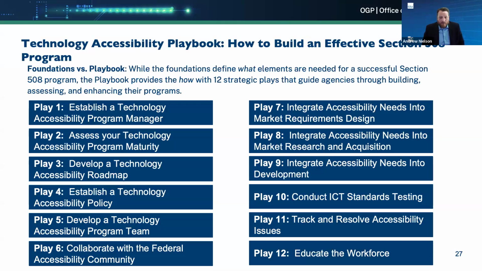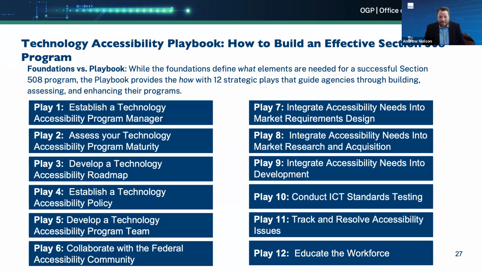We walk through 12 different plays in that playbook, from establishing a technology accessibility program manager, making sure you have a policy, defining a roadmap to get from where your baseline is to where you want to be, of course, as well as integrating it into your technology life cycles and acquisition processes, and focusing on educating the workforce.